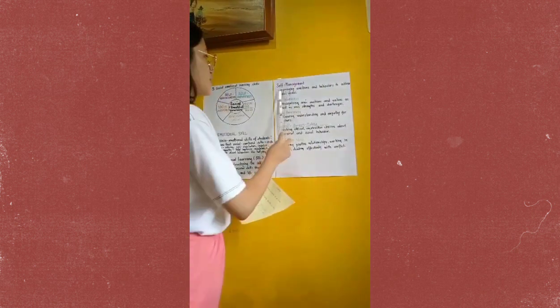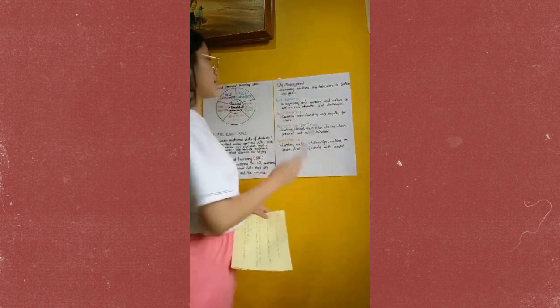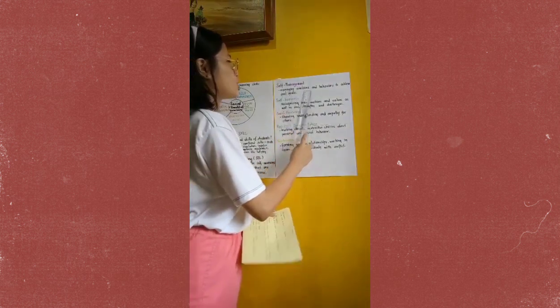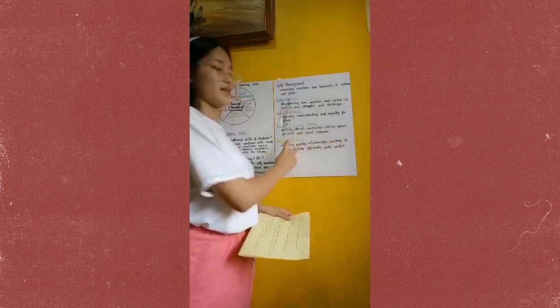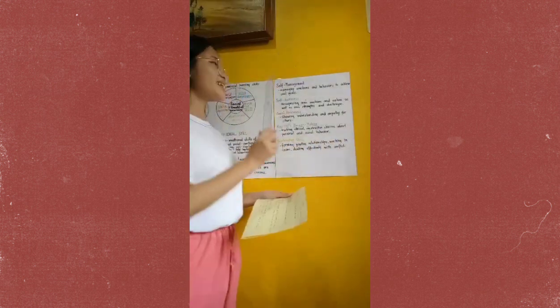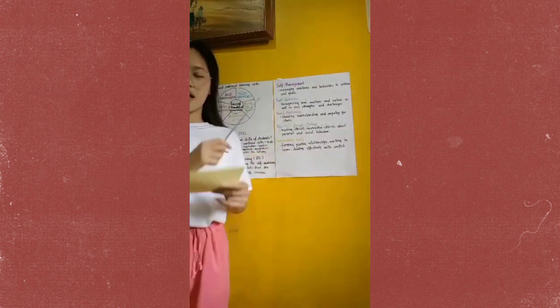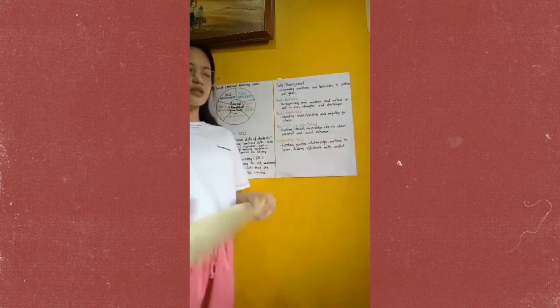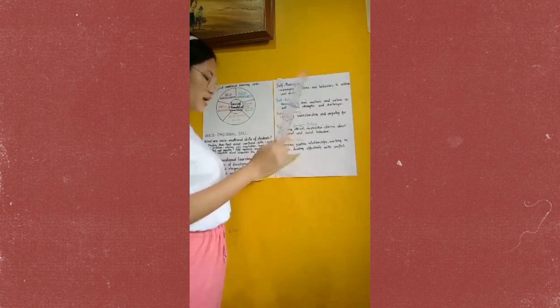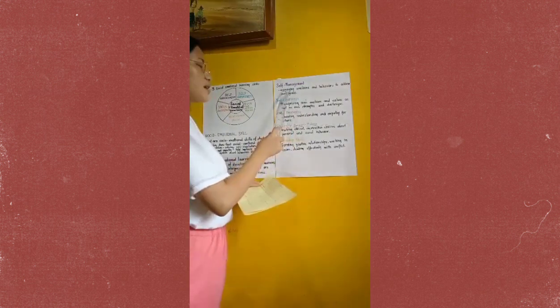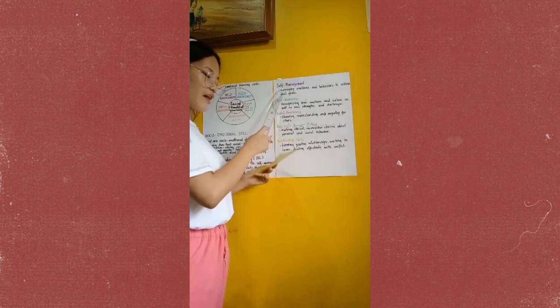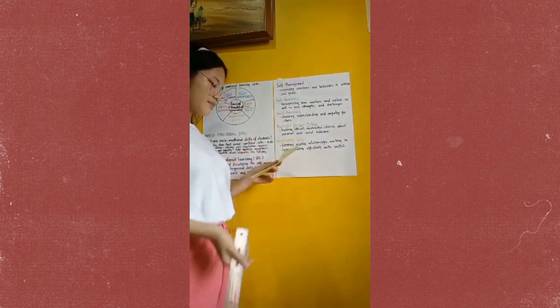The third one is self-management. Self-management is managing emotions and behaviors to achieve one's goals. It is the ability to manage your thoughts, emotions, and behavior, including managing stress and your time effectively.